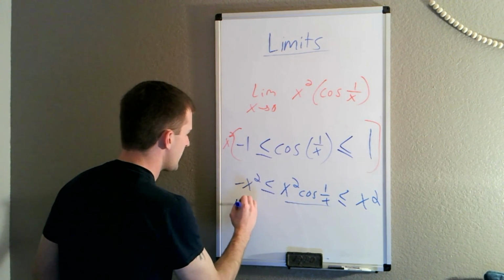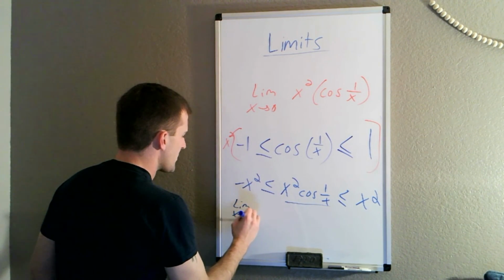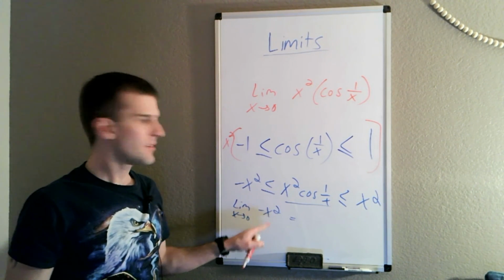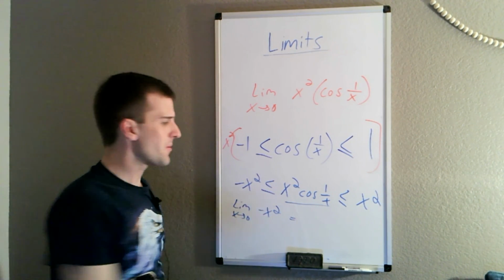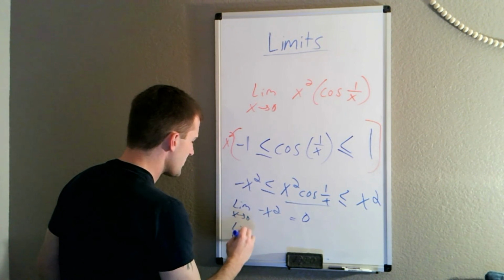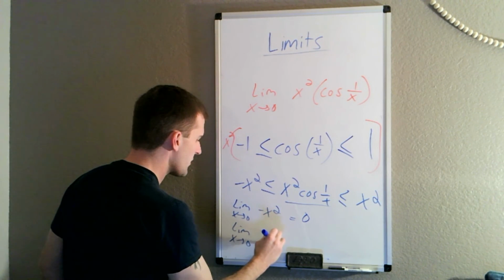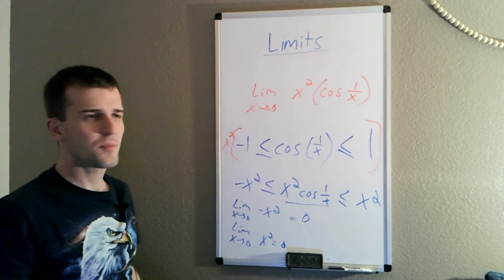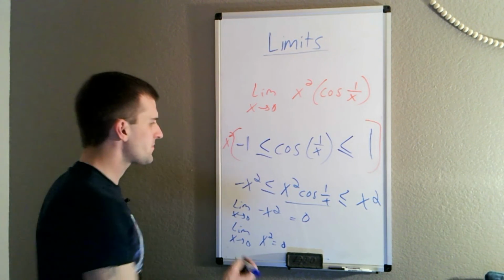So what is the limit as x approaches 0 of -x squared? Well, we can just plug it in, and we get -0 squared, or 0. Similarly, the limit as x approaches 0 of x squared is also 0. We just plug it in, and it results in a value of 0.